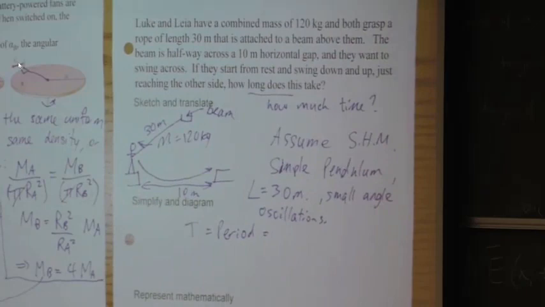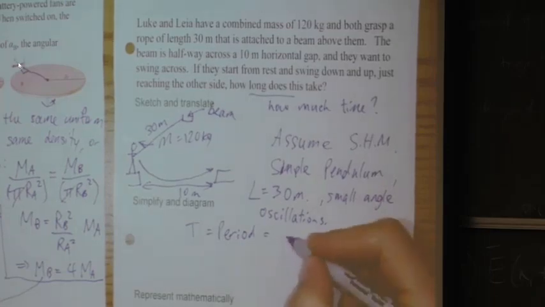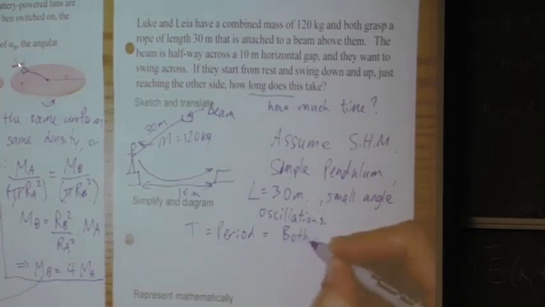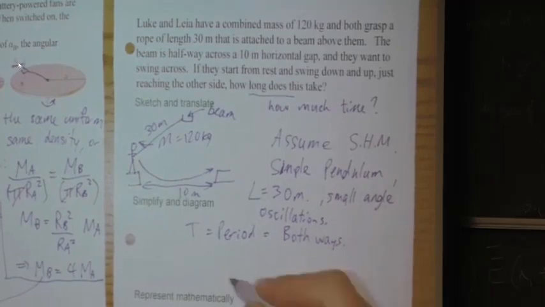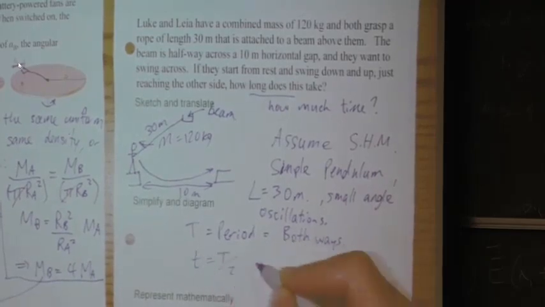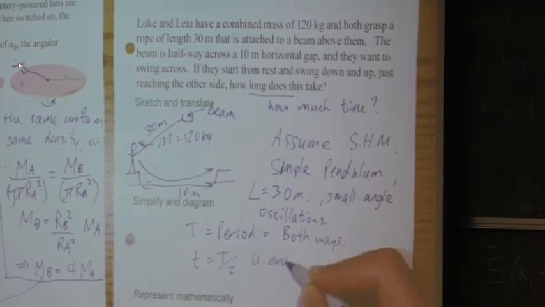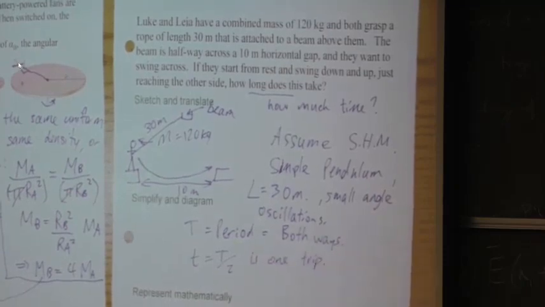So that would be if they grabbed onto the rope and swung across and then swung back to where they were getting shot at in the first place. So that's too long. You want to just do half that. This is both ways. Okay, and t equals T over 2 is one trip. So that's it.